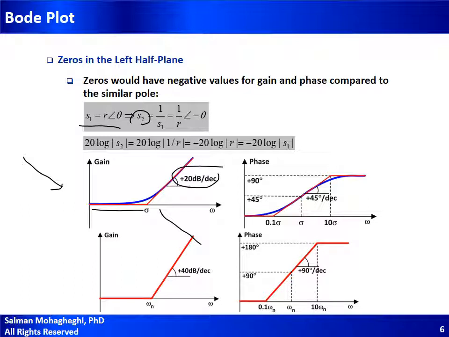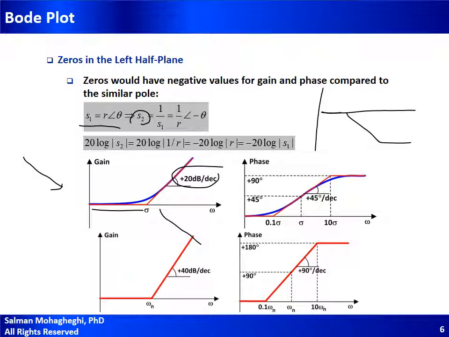Phase angle can again be compared by just multiplying the phase angle of a pole by negative 1. Again, you remember if I had a pole, I would have an angle of 0 for anything less than 0.1 times sigma, a straight line, and then a line with a slope of negative 45 per decade, and then a straight line at negative 90 degrees.